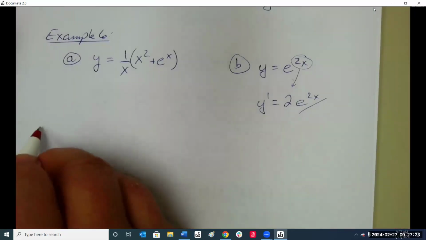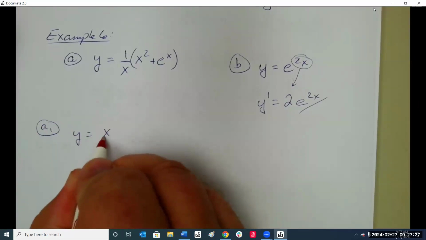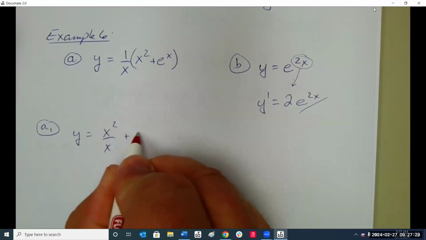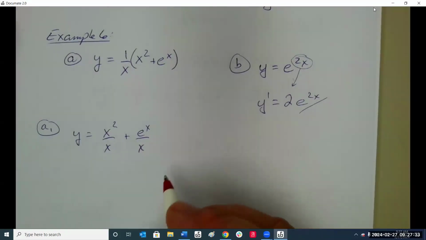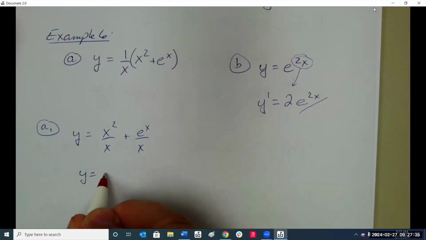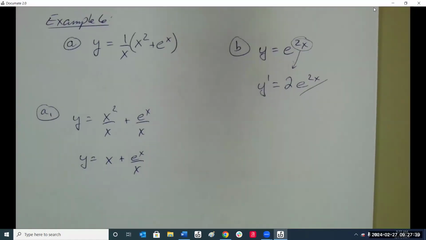One way is you can distribute. You can have x squared over x plus e to the x over x, which gives us x plus e to the x over x.